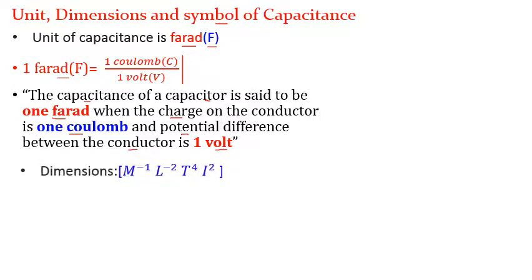Now dimensions, these are the dimensions. If you do not remember these, then you must know how to find these dimensions. For this, I think in the very first lecture we already discussed this, but once again, from the formula you have to start. C is equal to Q by V. Further, this Q is nothing but IT, while this V, that is potential, is work done per unit charge.